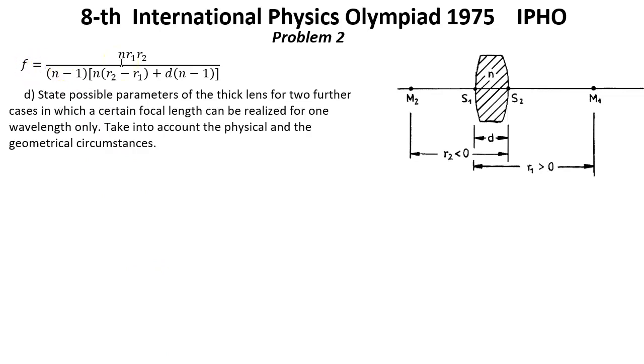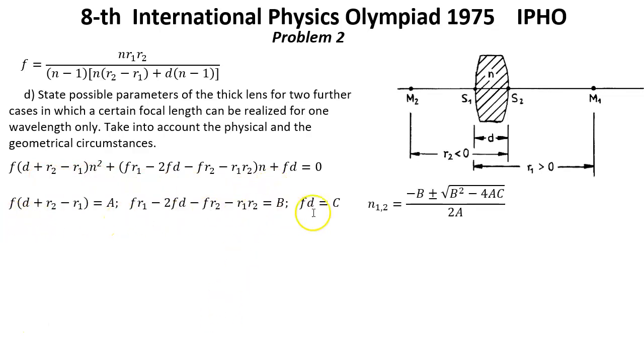It should have only one single root, and we can rewrite it in the form of a regular quadratic trinomial. So that will be this equation. Here we can use regular substitutions for coefficients a, b and c. That will be this one, and from here we can write the solution for two roots of this equation. That will be this one.